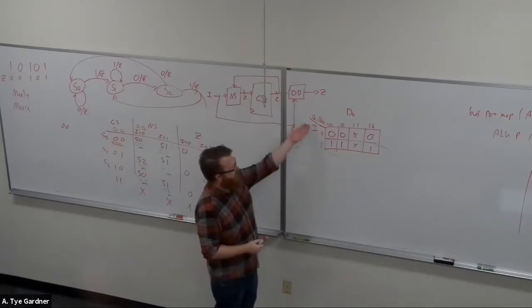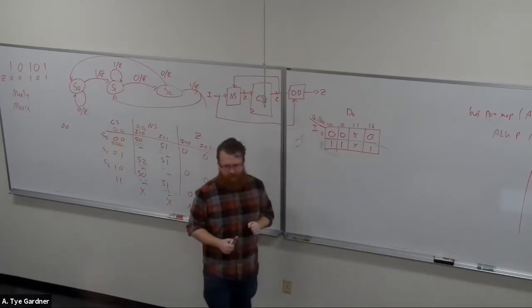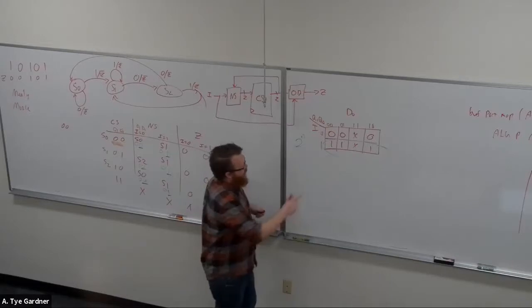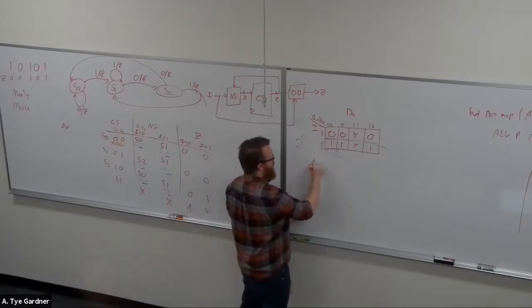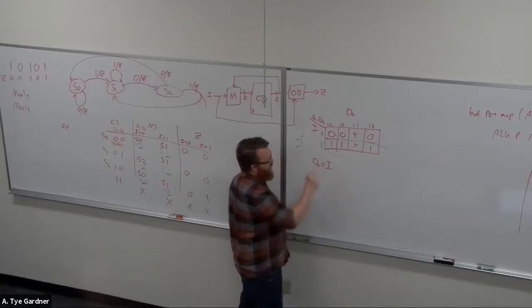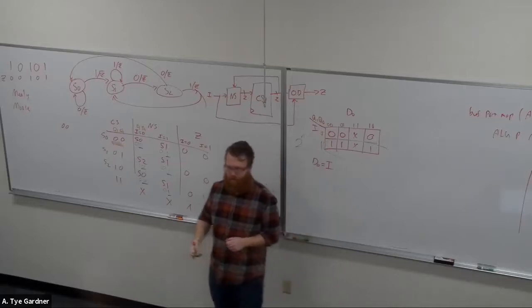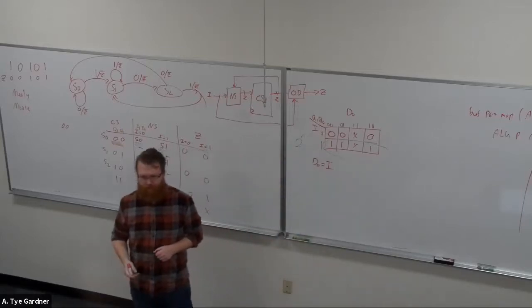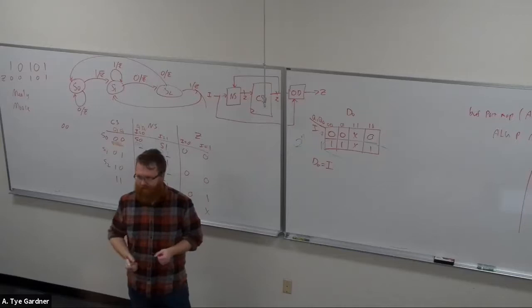Well, clearly the only thing that doesn't change is I. So the D0 assignment is D0 is equal to I. That's easy, right?